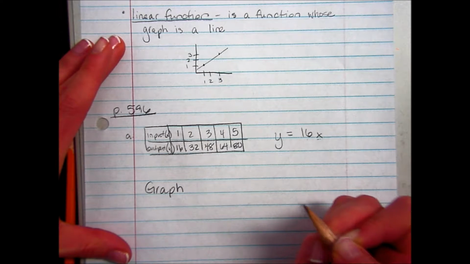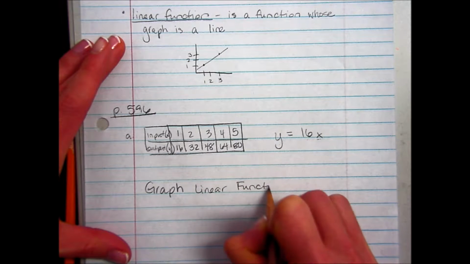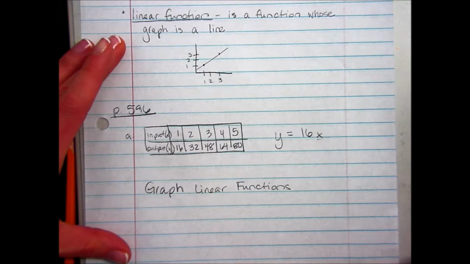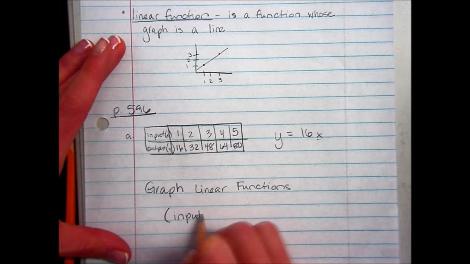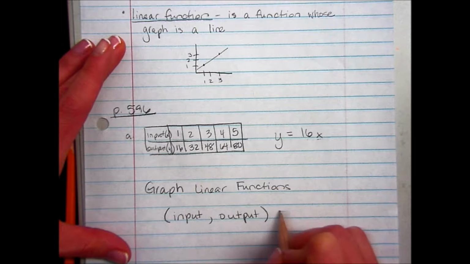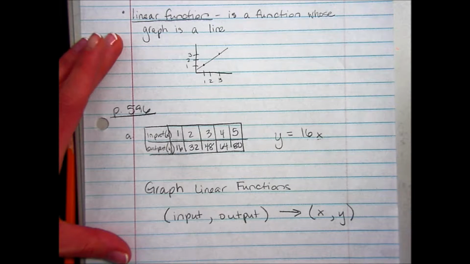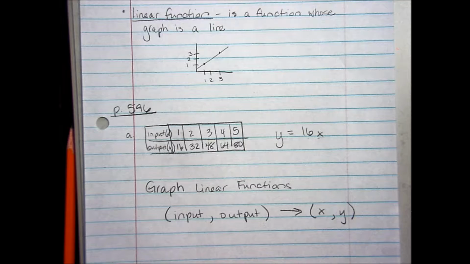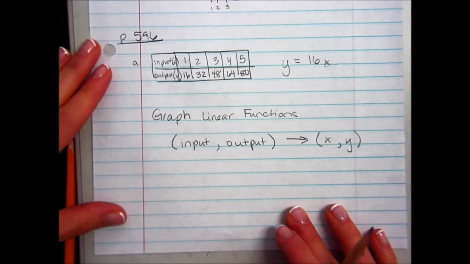Okay. So when we're graphing linear functions, we're going to need to find ordered pairs. So we'll be looking for the input and the output. The input is the X, the output is the Y. In example 2, they give us a table.